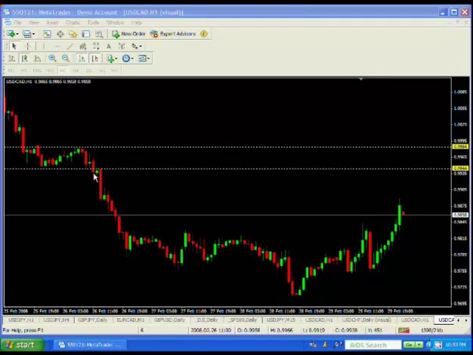But we see we have our breakout here, and then we see this next green bar pulls up to our support, because once support is broken, as we know, now it turns into resistance.